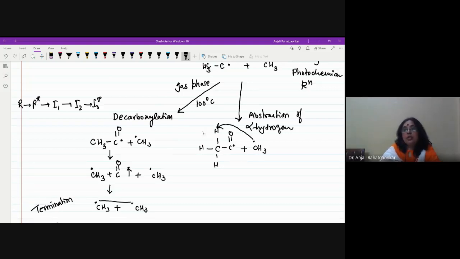You got it? So this is your alpha carbon. Now this alpha hydrogen is abstracted by this radical, and ultimately you will get the formation of ketene, and you will again get the formation of methane. Okay, so this is another possibility. This is called a ketene. And the third possibility is the intermolecular.